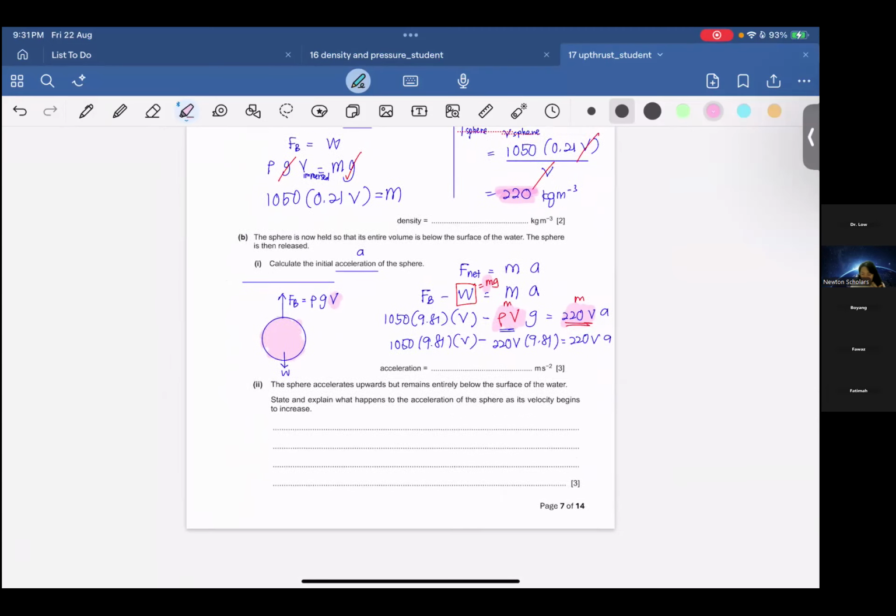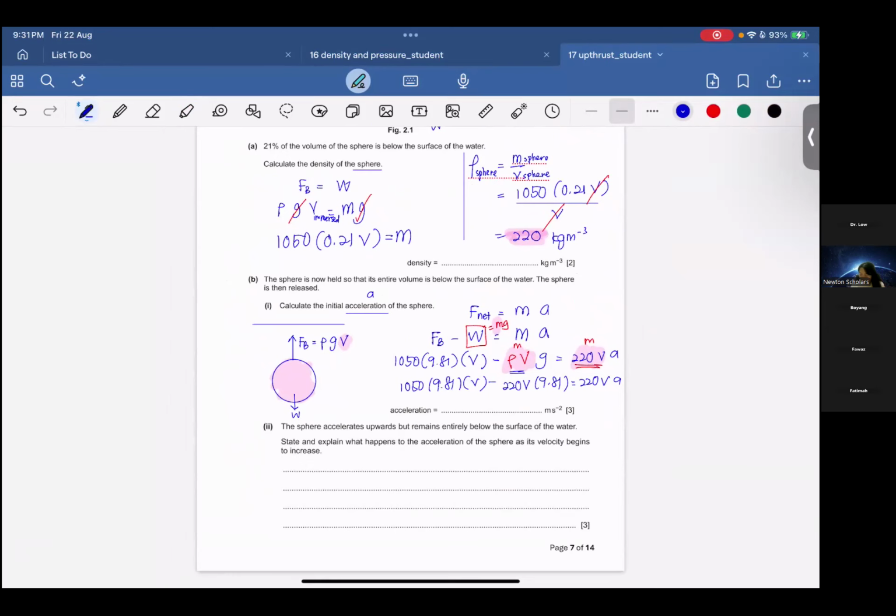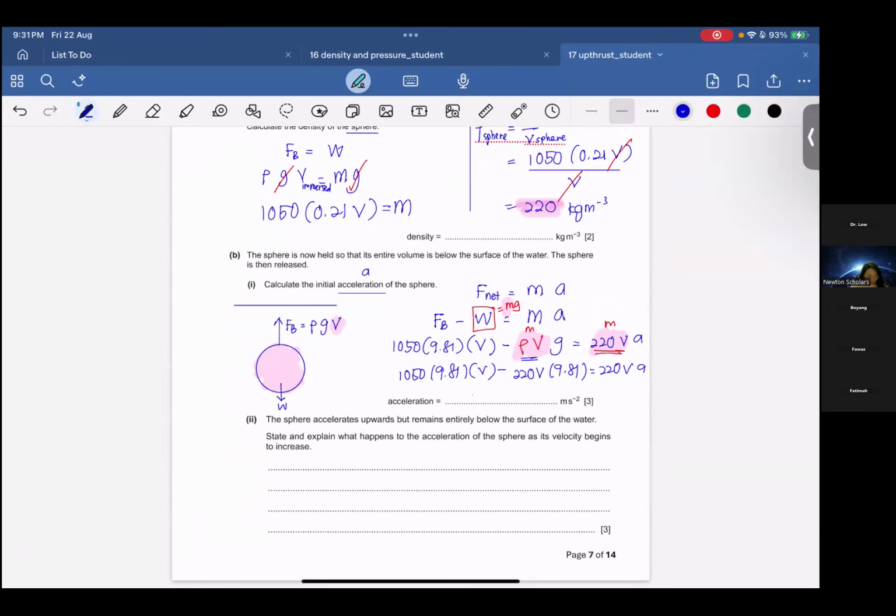We combine a lot of knowledge in one question. Your answer for the acceleration should be 37 meters per second squared.